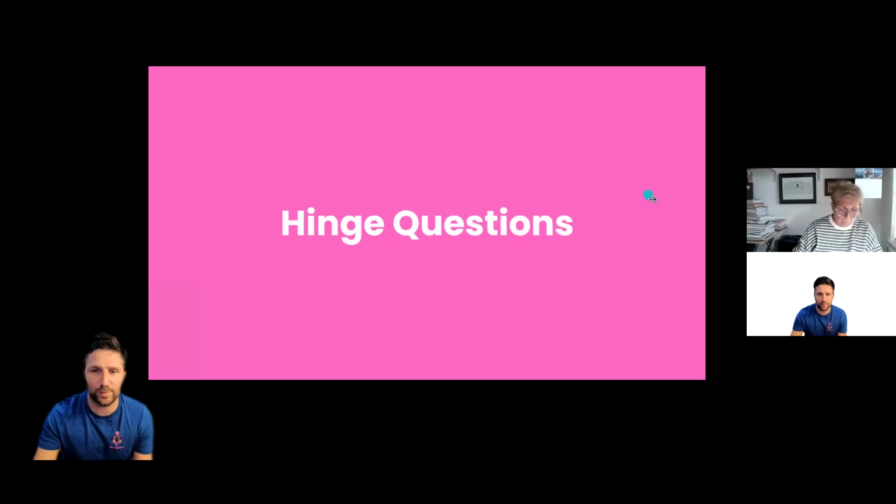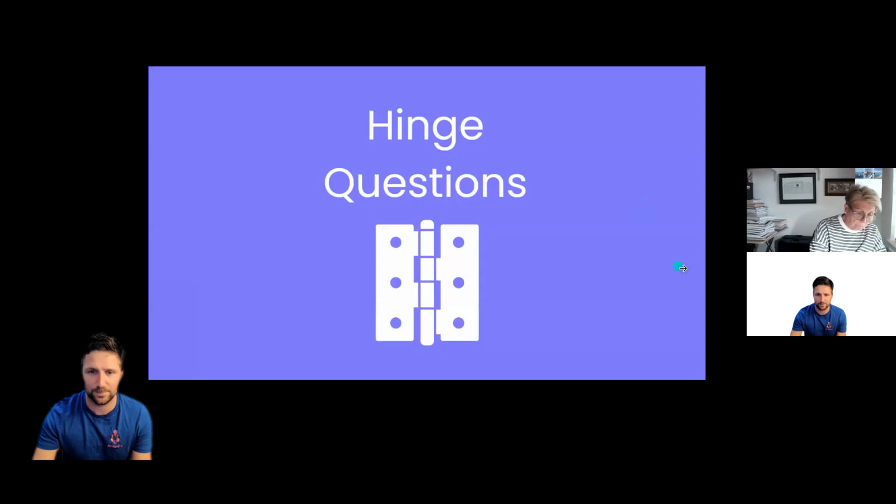So next I'm going to talk about hinge questions. Hinge questions are much like the name says. They are a point in the lesson where we are trying to decide whether the student is ready to go to the next stage. I open the door and go through to the next area.